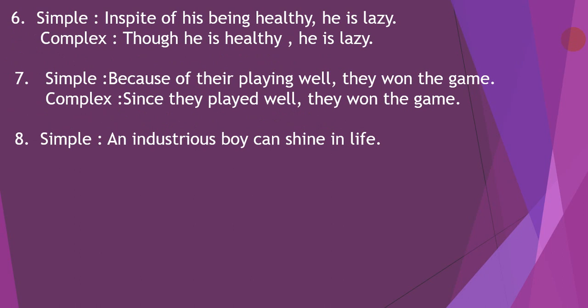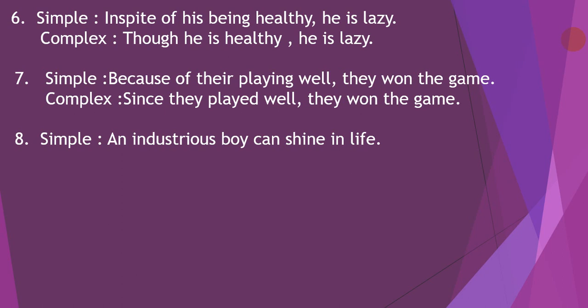Serial number 8. Simple sentence: An industrious boy can shine in life. Rule: If the simple sentence is done by adding an adjective before a noun in place of the subject, it will be complex by expanding a word or a phrase into an adjective clause or relative clause.